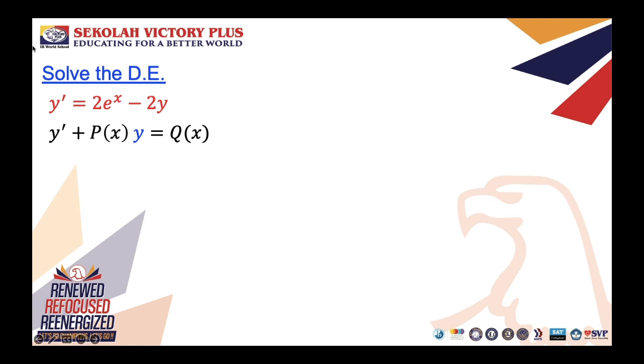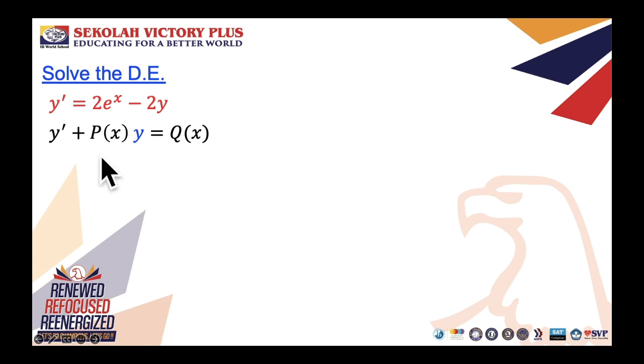Or if this is x prime, the term containing the x should be placed beside the x prime. Again, it depends on what the given is. Since we're given y prime, the derivative of y with respect to x, it should be the term containing the variable y placed beside the y prime.